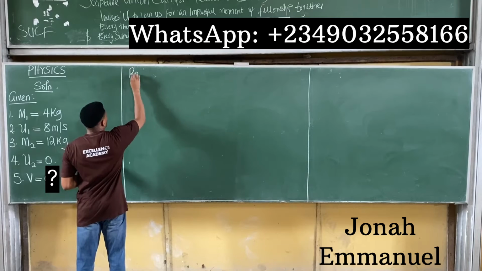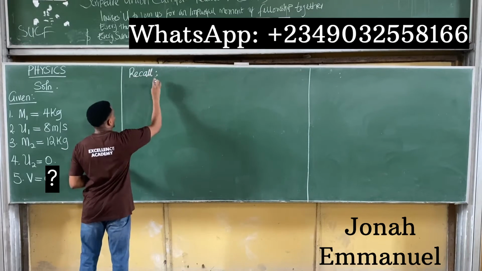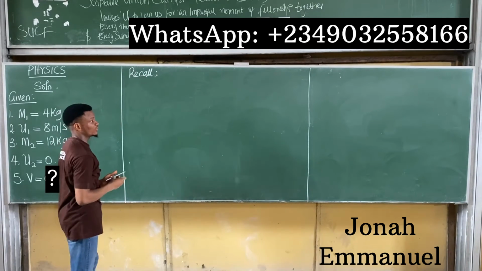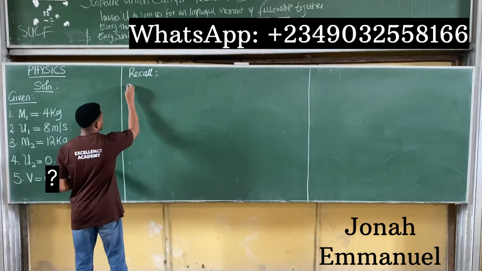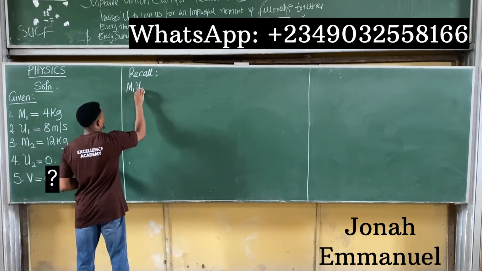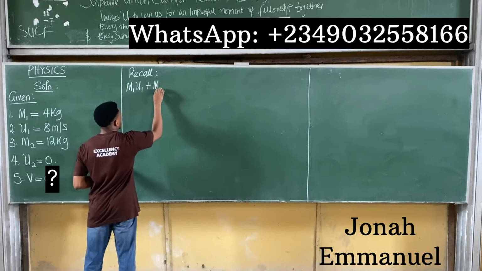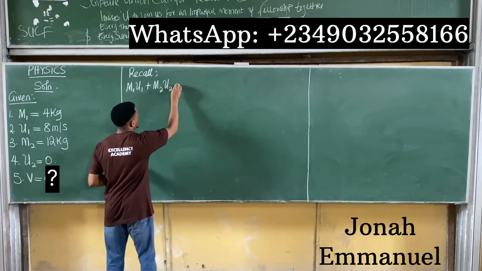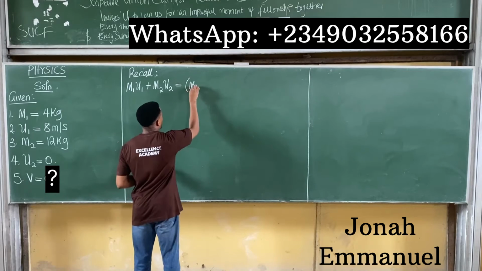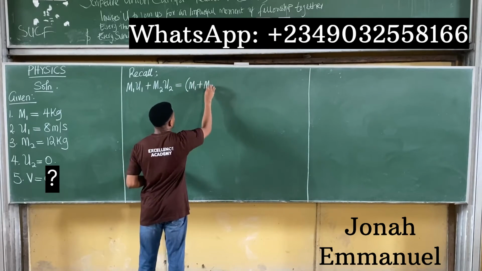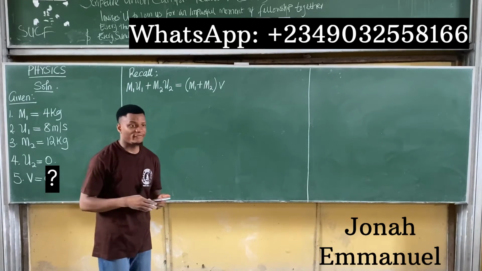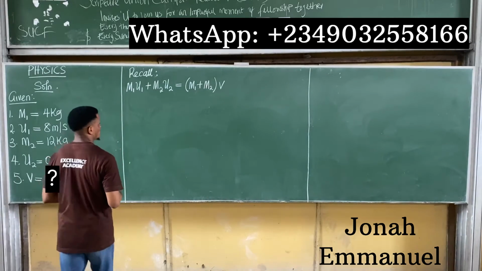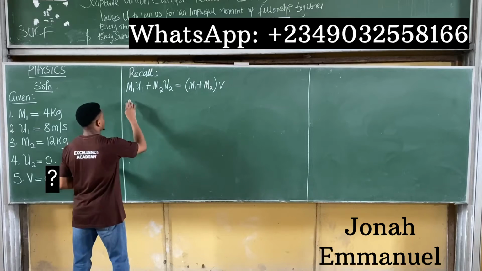Recall that since they stick together, it's an inelastic collision, and the formula for inelastic collision is M1U1 plus M2U2 is equal to (M1 plus M2)V. Let's put in values.